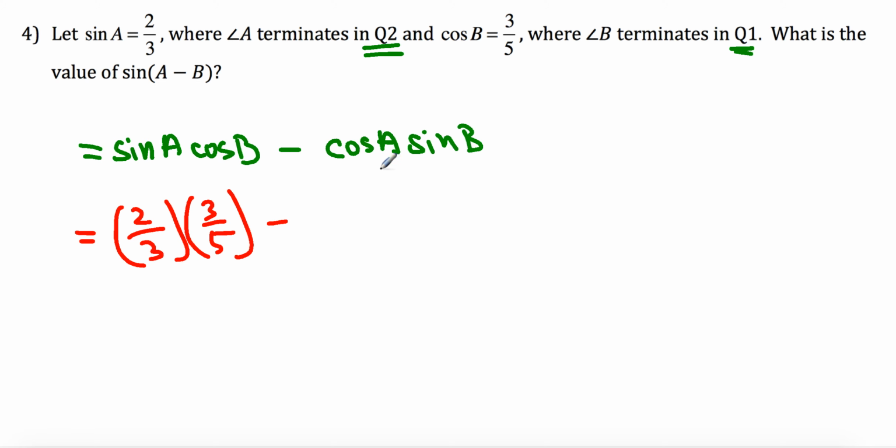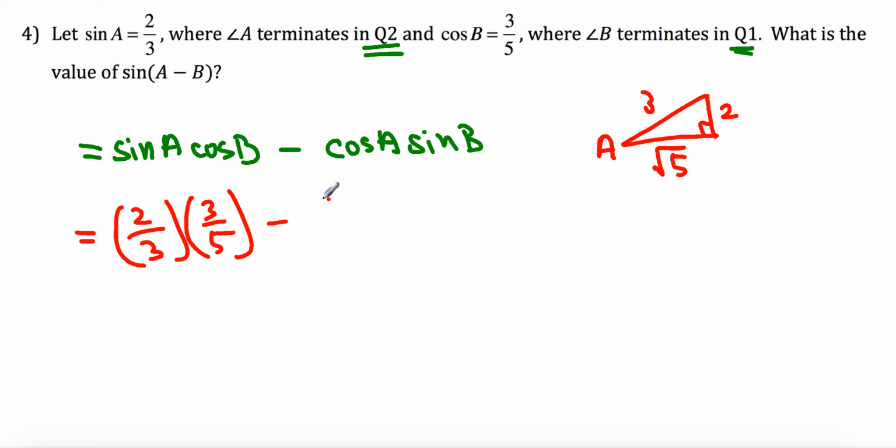But what is cosine of A? If I draw the triangle, sine of A is 2/3, so we get 2/3, and this will be the A. Then by the Pythagorean theorem, the adjacent side would be square root of 5.